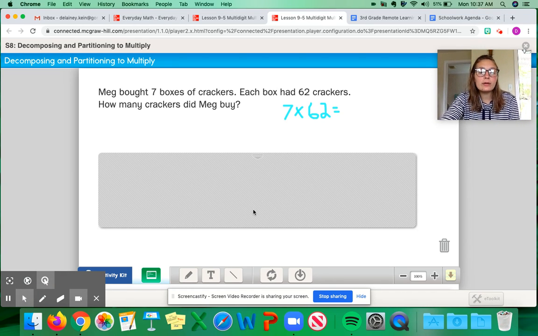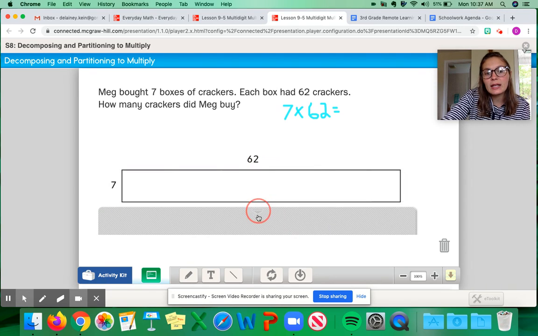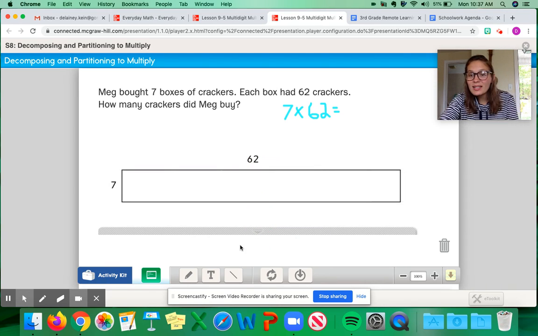So, in order to solve this, we can break it down, partition the rectangle into easier to solve pieces. Do you think it's smarter to break up 62 into smaller pieces or to break up the 7 into smaller pieces?